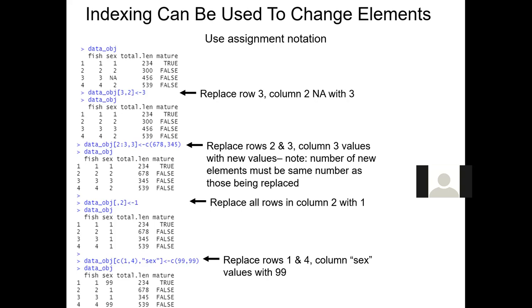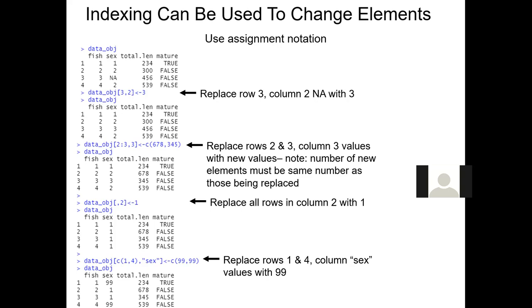If you hit the return button and run the code and view it, you'll see that row 2 at position 3 has been changed to 678, and row 3 at position 3 has been changed to 345. If you do not include the same number, I believe it will be recycled. So be careful if you're doing that. Oh, wait a minute. No, I have a note here: the number of new elements must be the same. Okay, those are replaced.